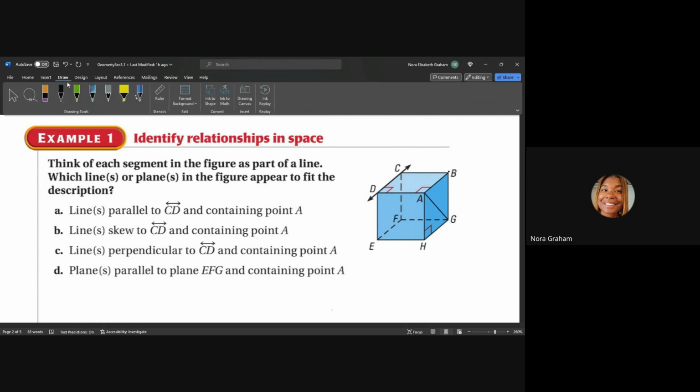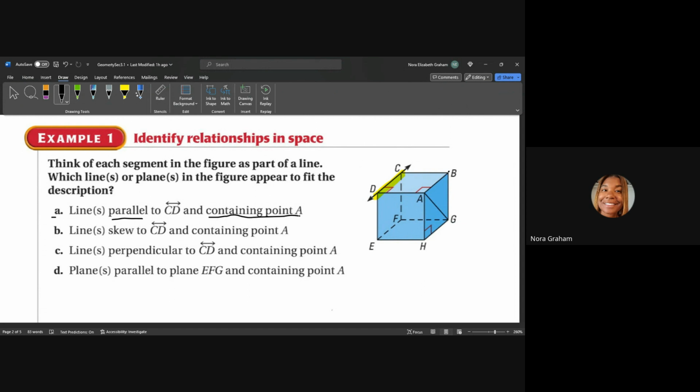Let's do A, and we're going to be referring to this image on the right-hand side. For A, they want us to identify lines parallel to CD, and contain the point A.